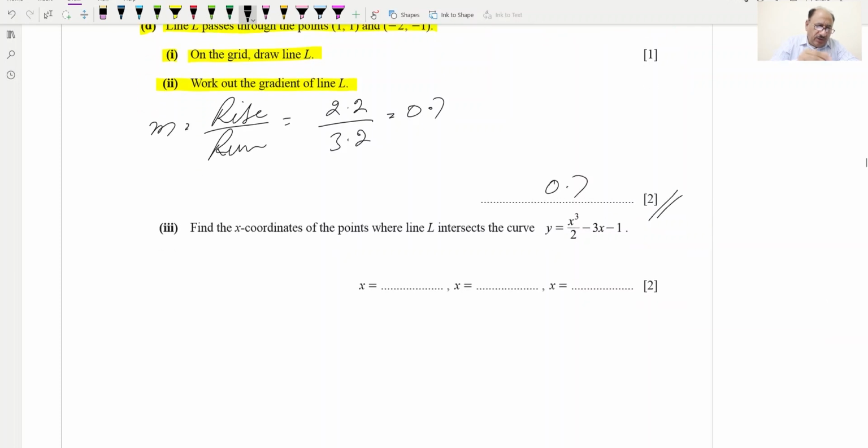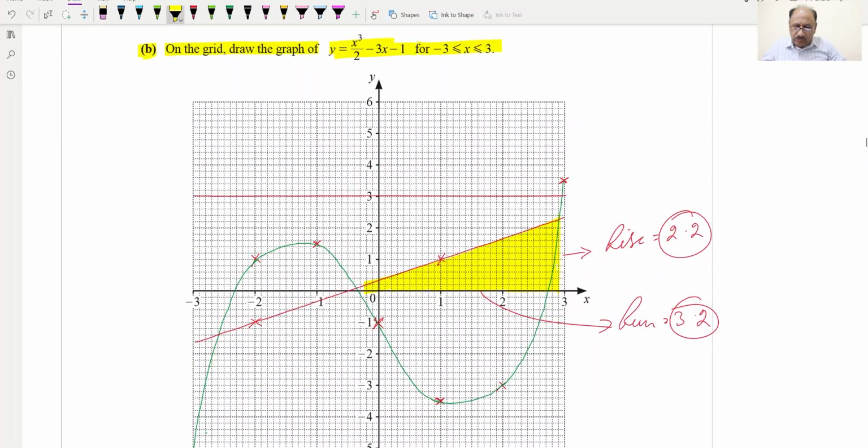Next, they are saying find the x coordinates of the points where the line intersects the curve. So the x coordinates of those points of intersection are required, so we can check.